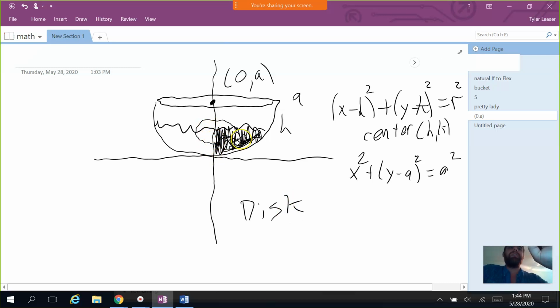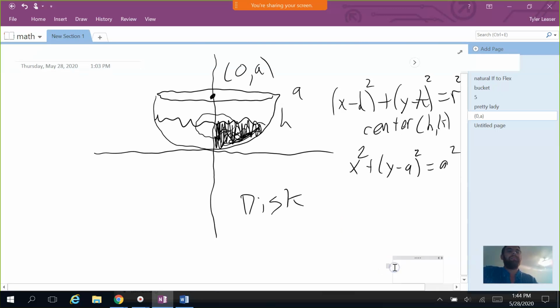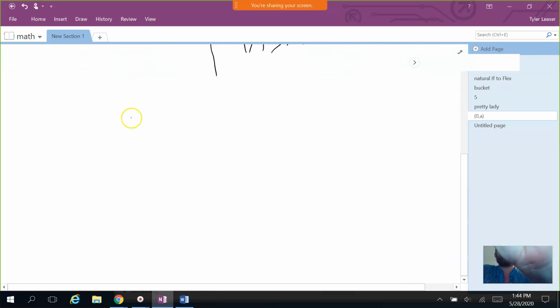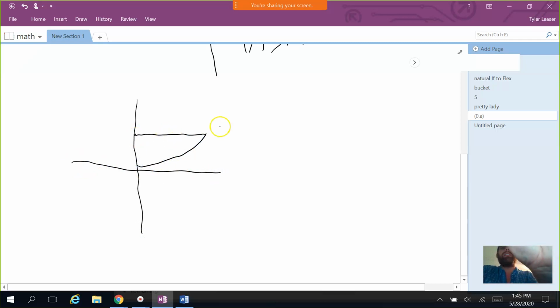If I am going to do the disk method, it has slices that are perpendicular to the axis of rotation. So I'm going to redraw that picture a little bit, but just what we need. All that we need is just this shape here, where this is the top of the water at h, and then we have the bowl coming down to the origin.